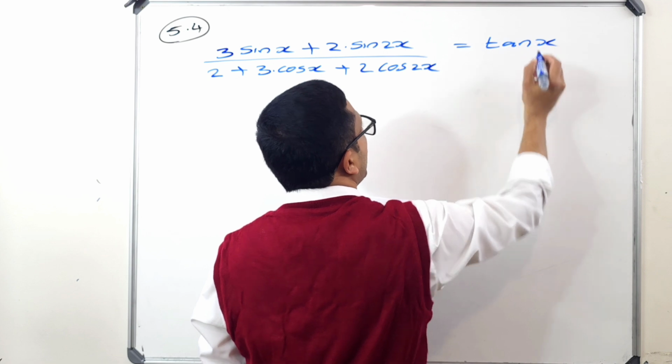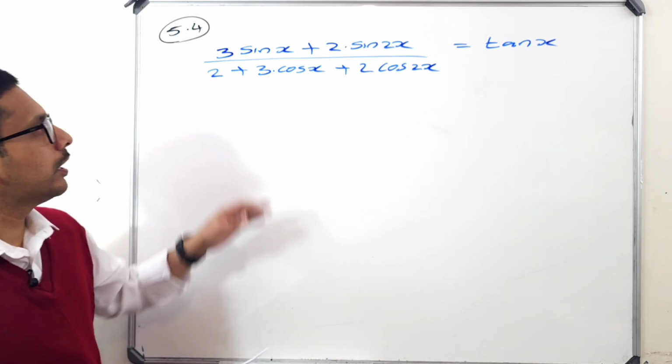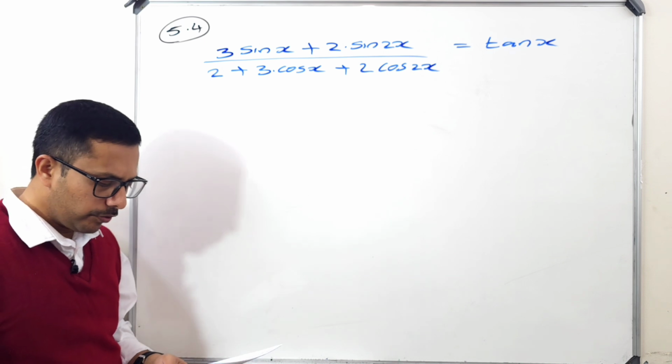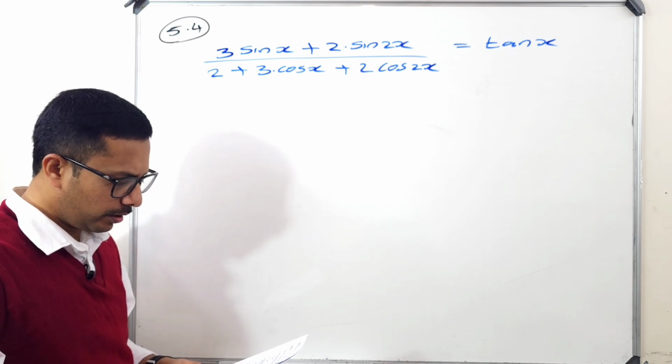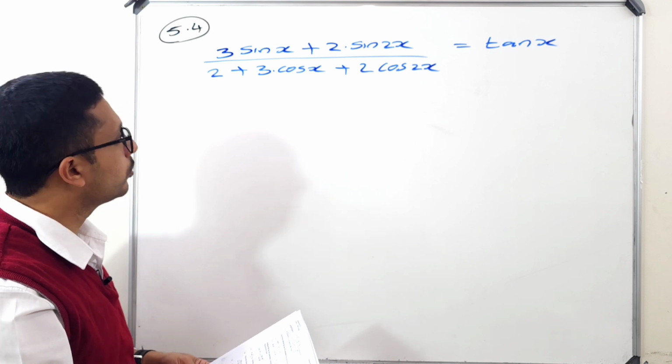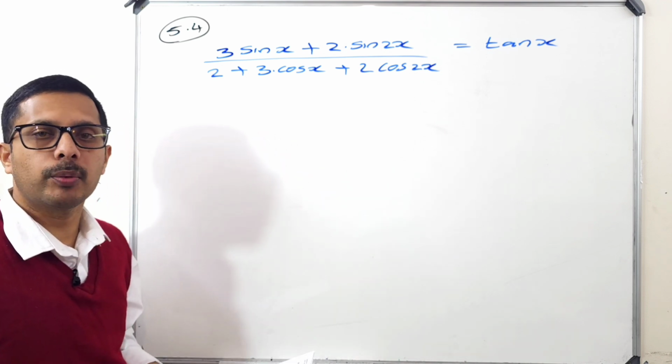So this is what we have to prove. We have to prove that left hand side is equal to right hand side. So how can we prove this one, guys? It's not that difficult a question, but we just substitute the values and apply double angle.